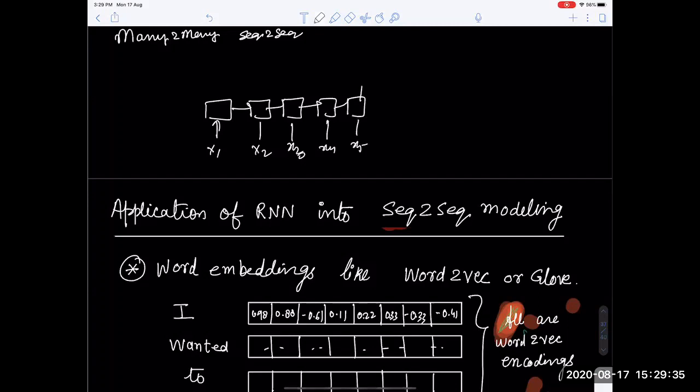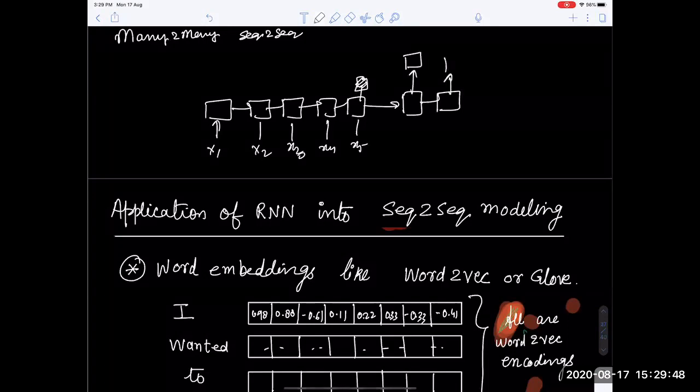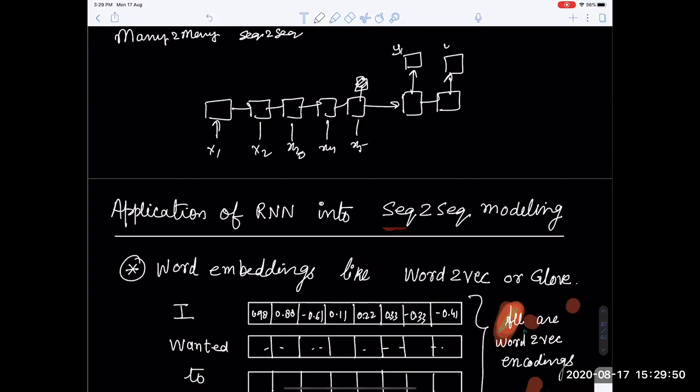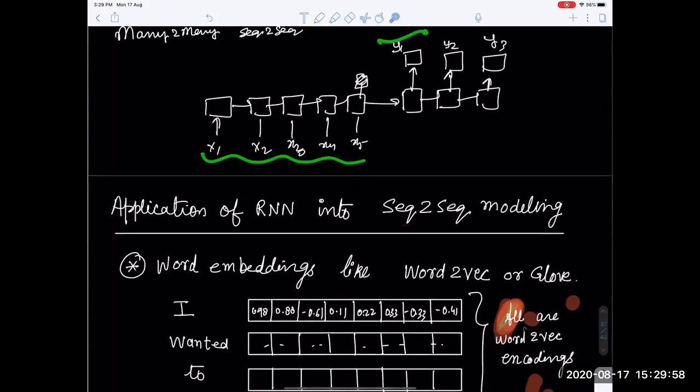And here, instead of generating something, I have got a context. I pass this context to the next layer, in which I start to generate my output. This is my y1, y2, and y3. So you have many inputs and you are generating many outputs. Language translation is one such example.